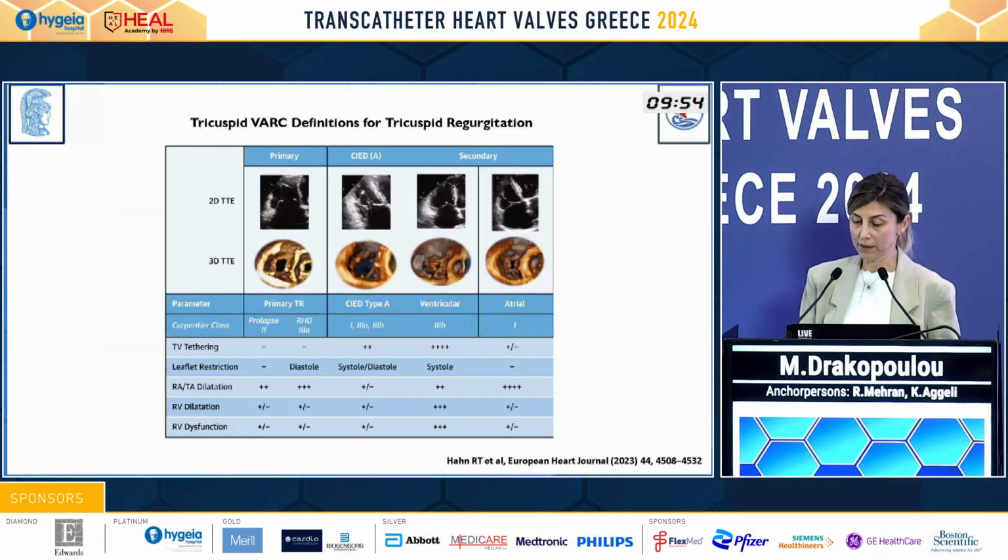And actually, in this publication of the European Heart Journal in 2023, we know that this is a different category, the lead-induced tricuspid regurgitation, and we have two subtypes, type A that has to do with the lead, and type B, in which the lead is an incidental finding at the tricuspid valve but is not involved in the tricuspid regurgitation.